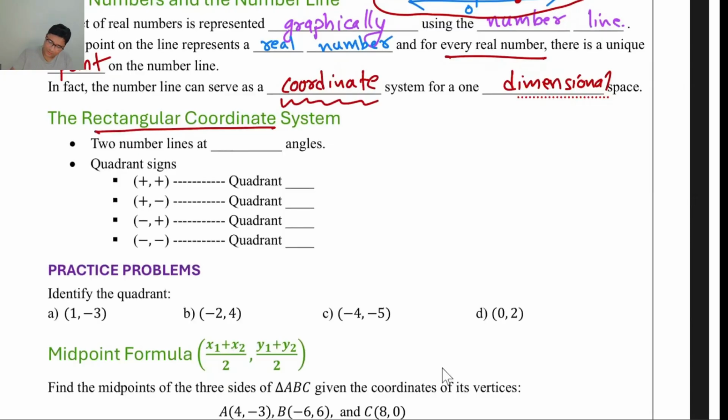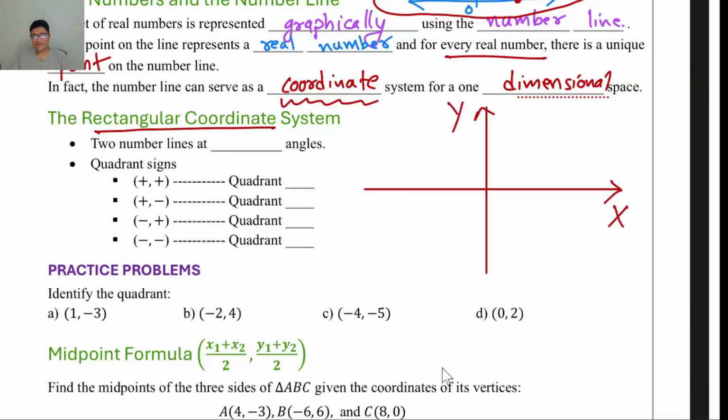Now in a rectangular coordinate system, you are going to have 2 lines instead of 1. Generally, we use X for the horizontal and Y for the vertical line. We call them axes. So this is the X-axis, the vertical is the Y-axis.